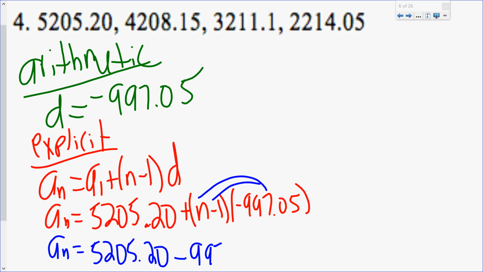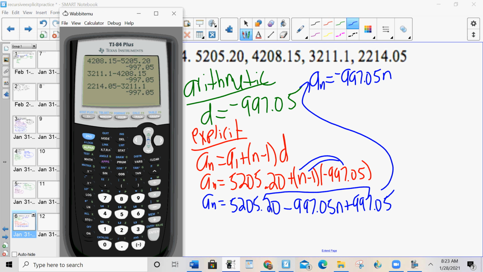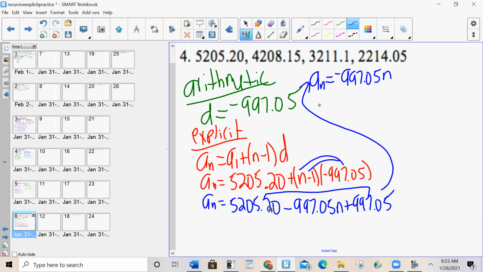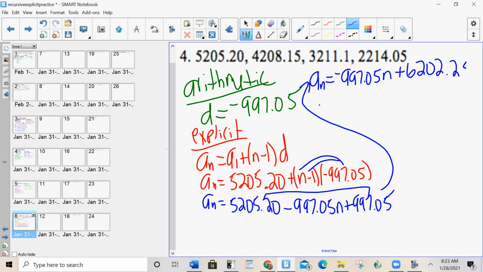That's going to give me an equals negative 997.05 n, and then when I combine like terms, 5205.20 plus 997.05 is 6202.25. That's it.